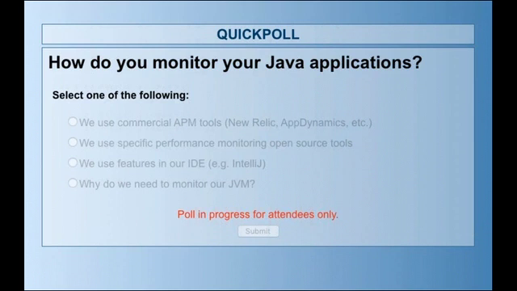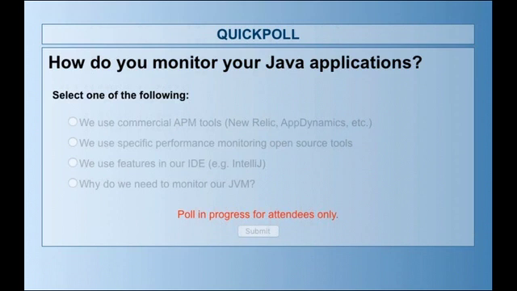And the second option is that you use open source tools, so things like Visual VM. And the third option is that you use things that are built into the IDE. So IntelliJ has these kind of things, NetBeans has them, Eclipse has them, where you can monitor virtual machines with those. And the fourth option is, well, why do we need to monitor our JVM at all?